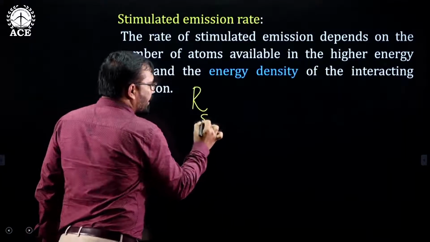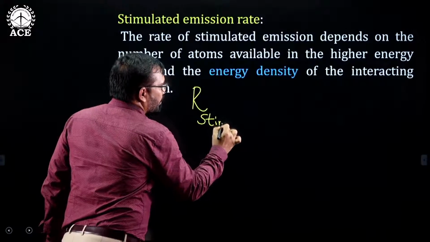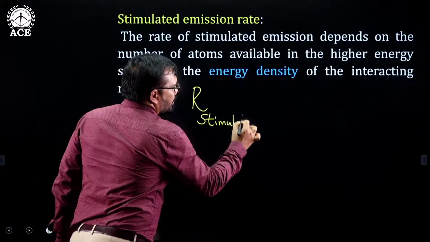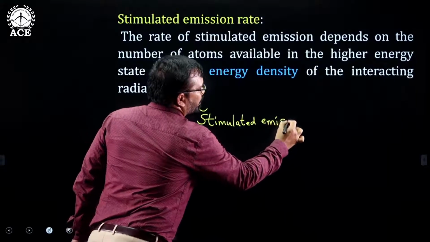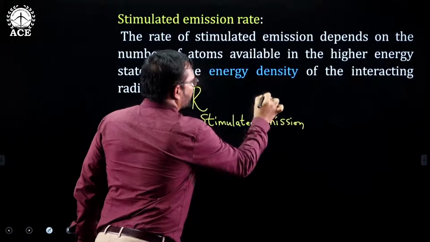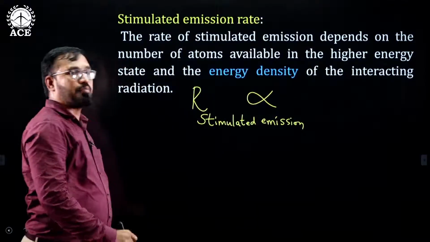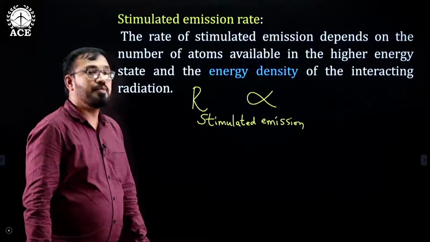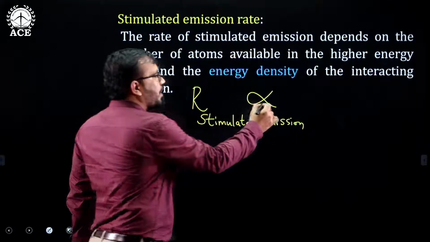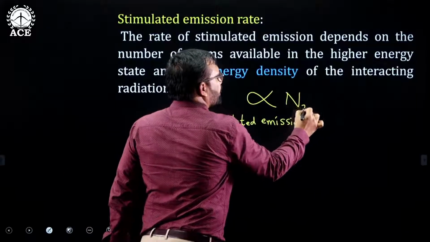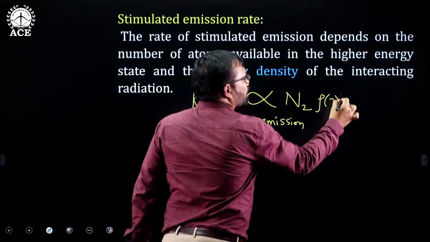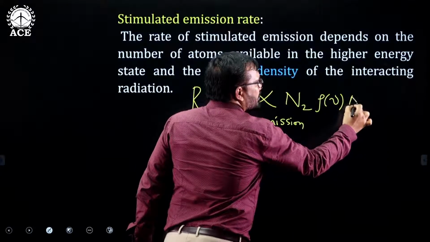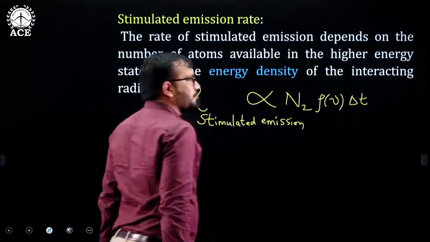Which kind of transition rate? Stimulated emission. The stimulated emission rate is directly proportional to the number of atoms present in the level N2, and also the photon density, that is rho nu, and also the transition time delta T.